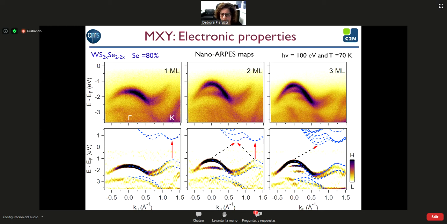So what we have here is a sort of very mixed situation, because it's true that the top of the valence band is here and the bottom of the conduction band is here. So we have an indirect band gap, but these 2 points are really close. That means that also this intermediate transition can be allowed. And this is the reason why we have this huge PL and also this increase of the shape of the PL peak.